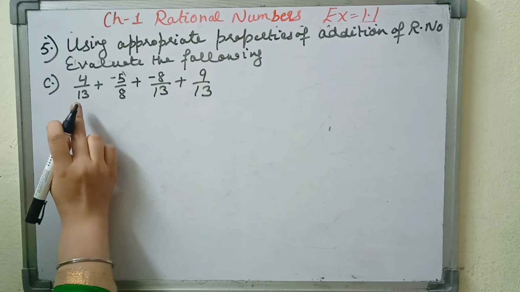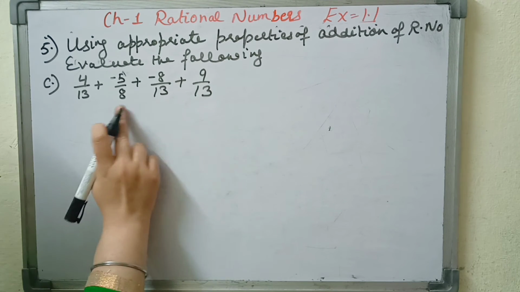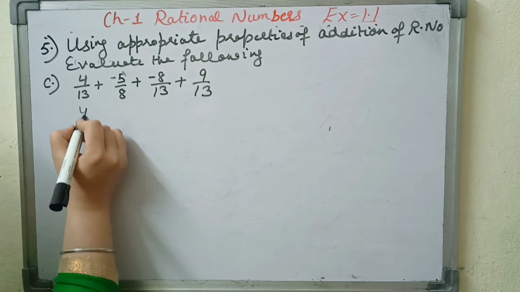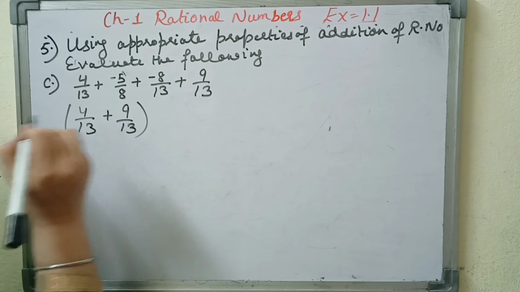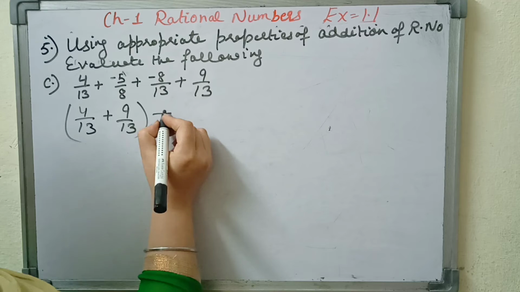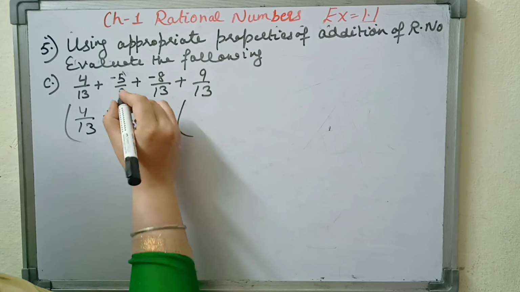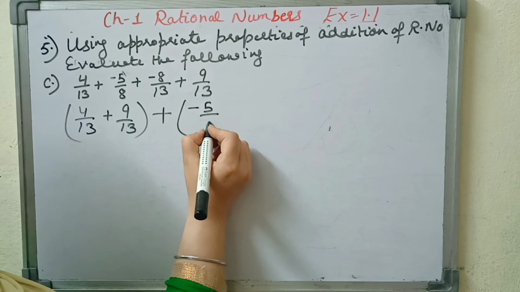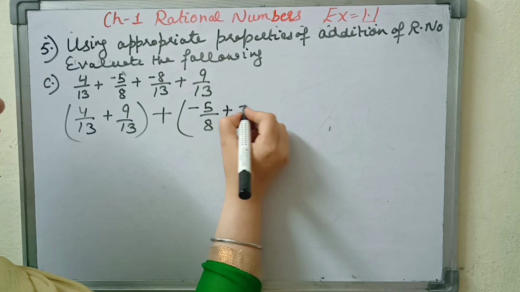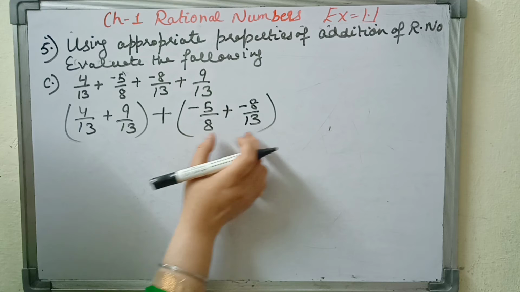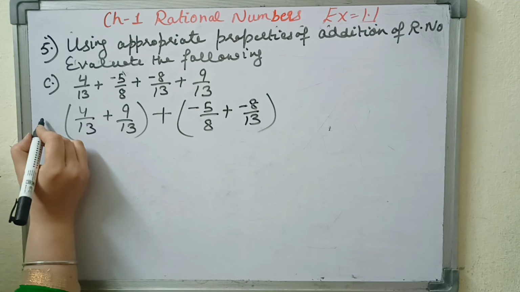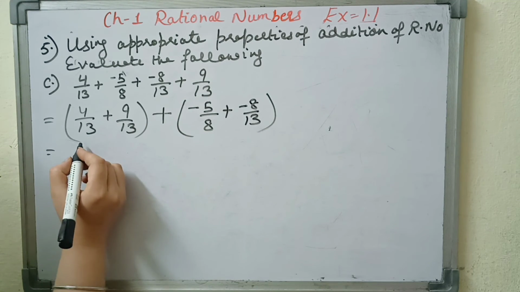So, I will take the positive numbers in one bracket and the negative numbers in another bracket. Now, 4 over 13 plus 9 over 13 I put in one bracket. Put the plus sign here. Now, the negative terms I put in another bracket, minus 5 over 8 and minus 8 over 13. Now, I solve these two brackets and then again add the results which we get.